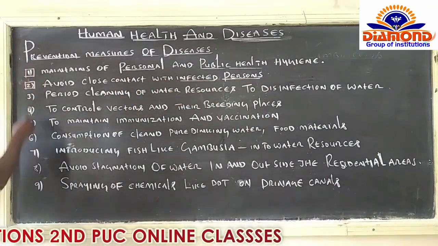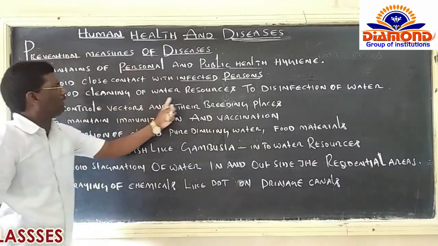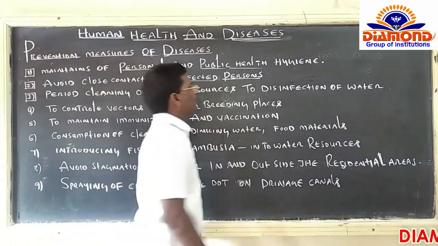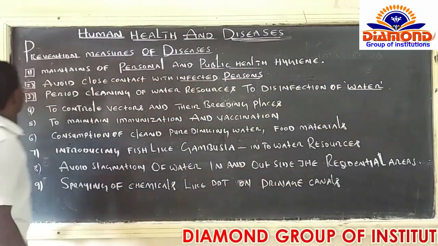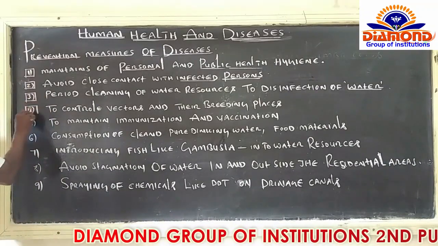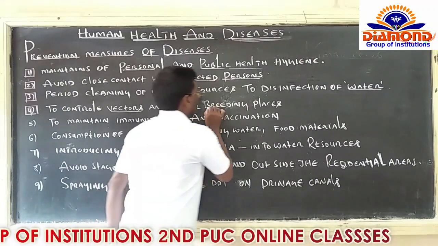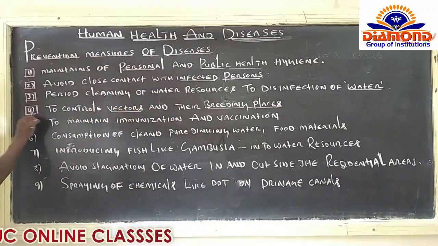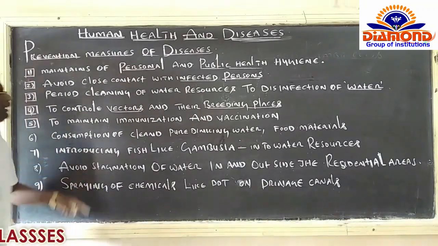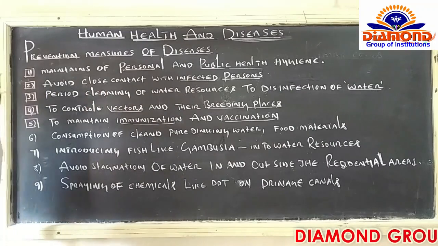Number 3 is periodic cleaning of water resources to disinfect water. Point number 4 is to control vectors and their breeding places. And number 5, to maintain immunization and vaccination.